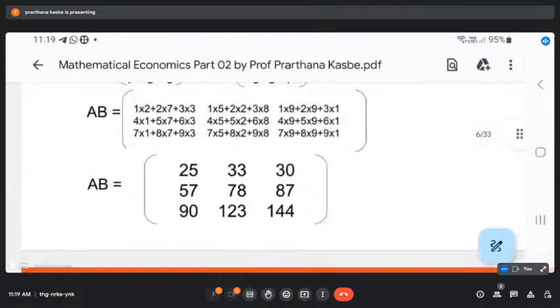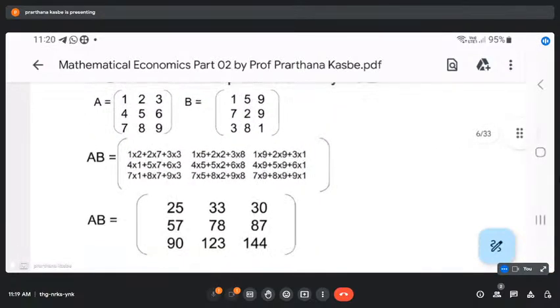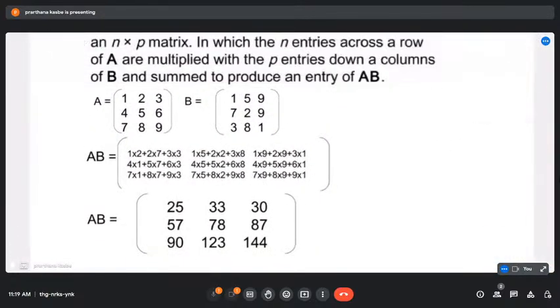That way you have to add up and multiply and add up the factors, and you got the 78, 87. Then third row 90, 123 and 144.